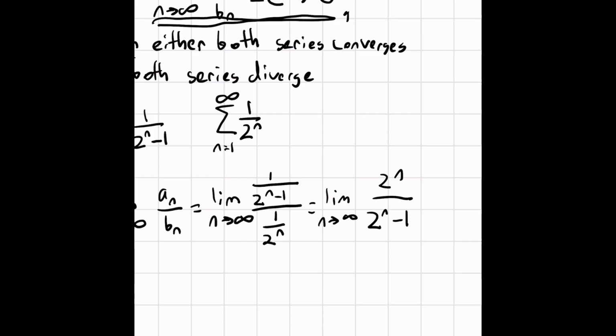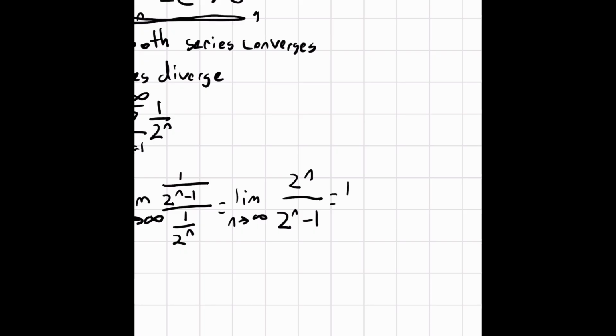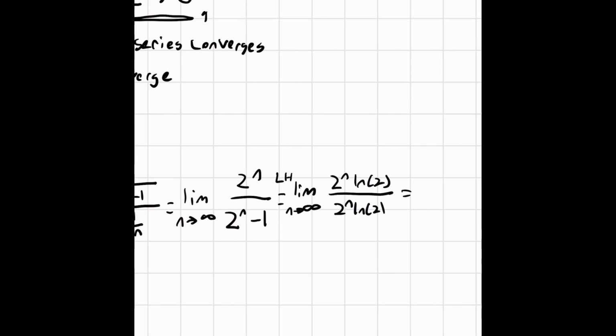Now, what we're looking at here is actually something really straightforward. Sure, you could use L'Hopital's if you want. Yeah, sure, let's use L'Hopital's, why not? That'd be 2 to the n times the natural log of 2 over 2 to the n times the natural log of 2. The derivative of negative 1 turns to 0. So all we're left with is 2 to the n times the natural log of 2 over 2 to the n times the natural log of 2, and that's just 1.